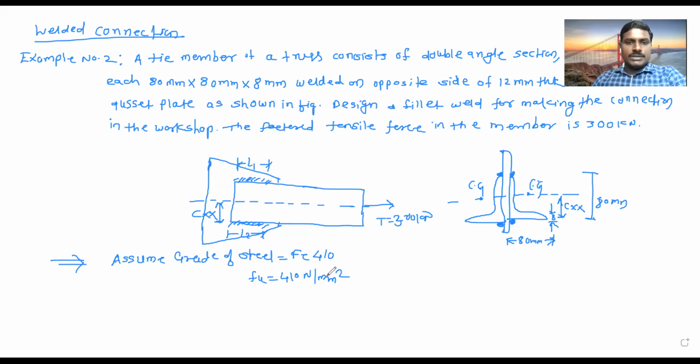Also, they have given ISA 80 by 80 by 8 mm, and the thickness of the gusset plate is 12 mm.